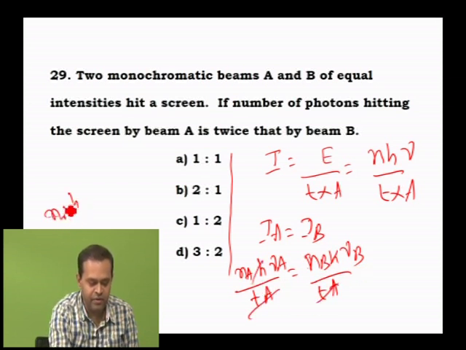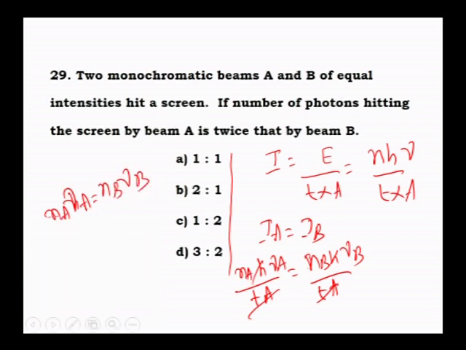NA into frequency of A is equal to NB into frequency of B. Now take the ratio. They have to find that frequency ratio. Therefore frequency of A divided by frequency of B is equal to NB divided by NA.